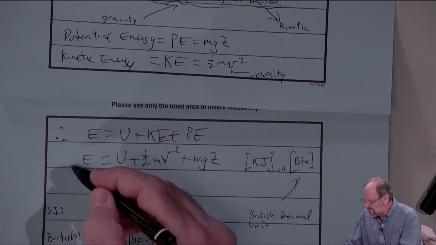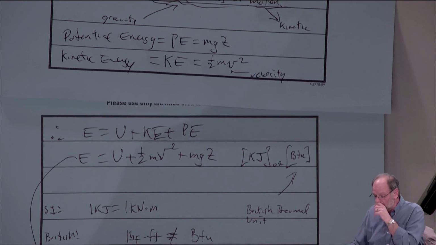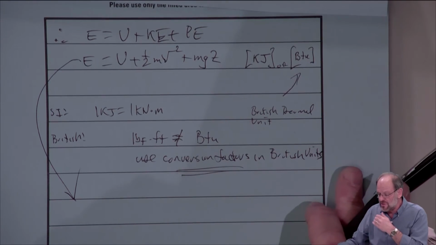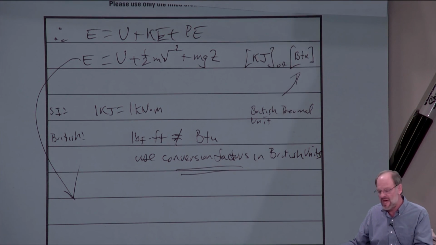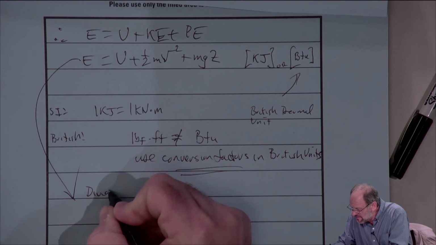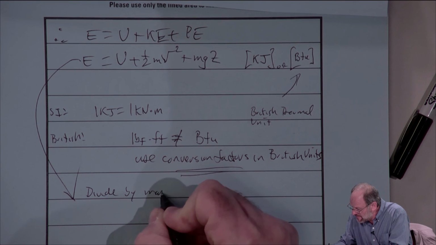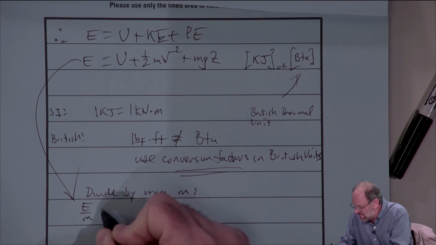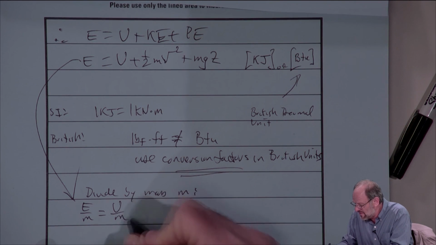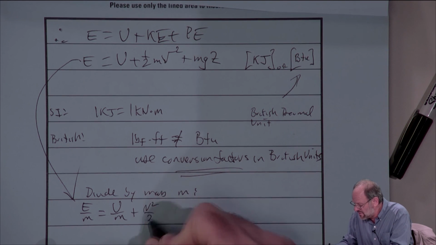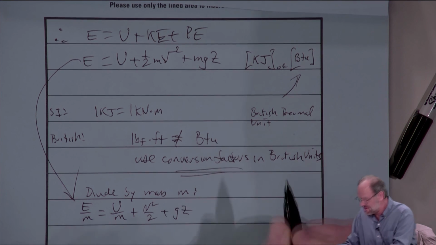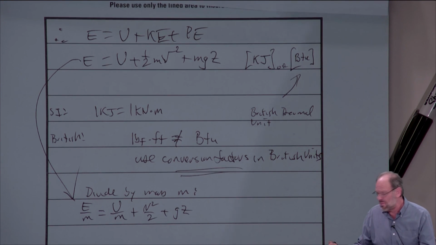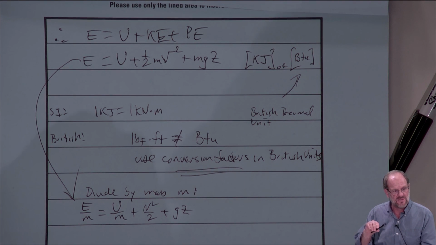Anyway, back to the equation up here above. One thing that we can do if we choose to is we can divide by the mass. So if we divide by the mass m, we get E over m equals U over m plus v squared over 2 plus gz. Now, remember last time we talked about how you can divide by mass and get what we call the specific property?